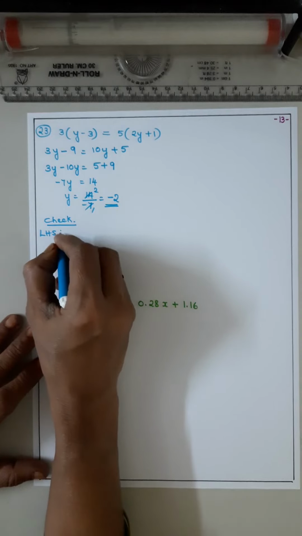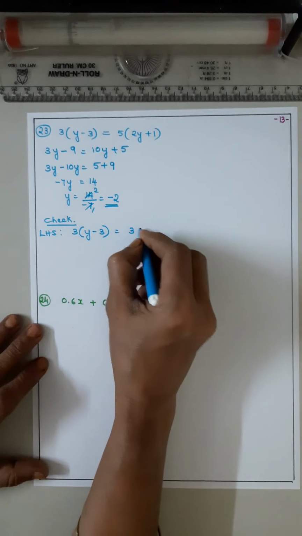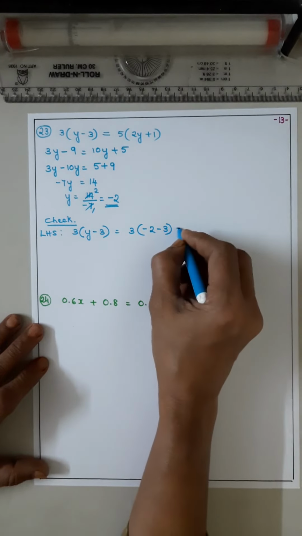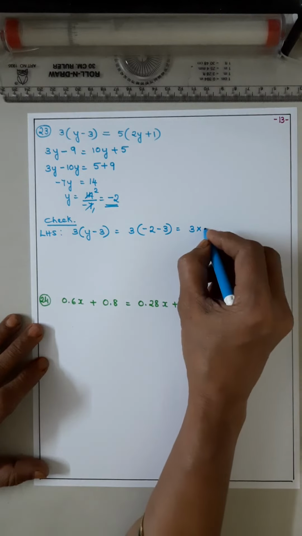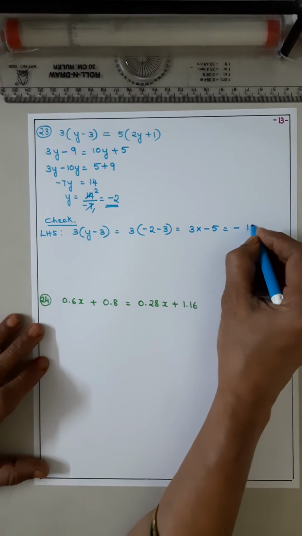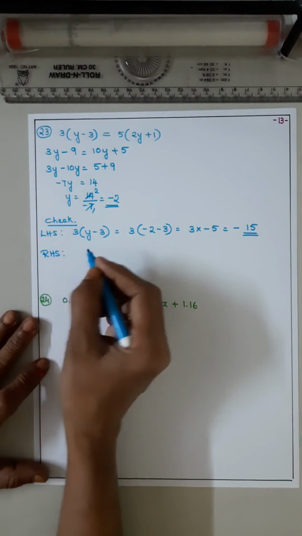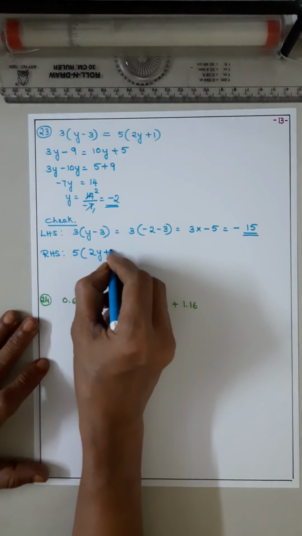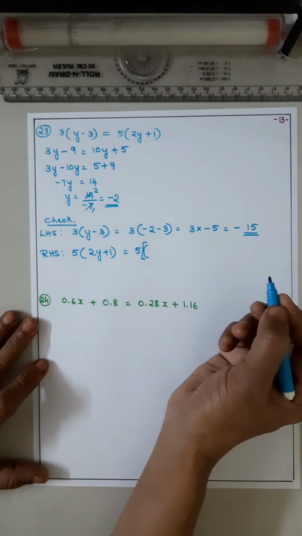Now coming to check. LHS. 3 bracket y minus 3 is equal to 3 bracket minus 2 minus 3. It will be how much? 3 into minus 2 minus 3 minus 5. So, plus minus minus 3 5s are 15. So, you got LHS, RHS. It is 5 bracket 2y plus 1. 5 bracket, okay, you have to put a bigger one.